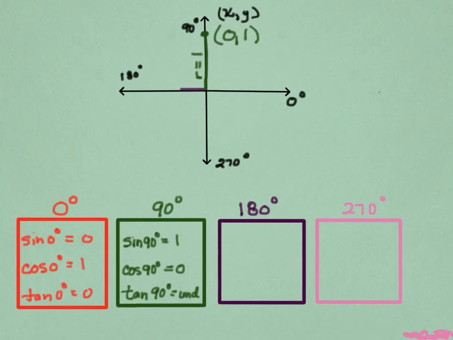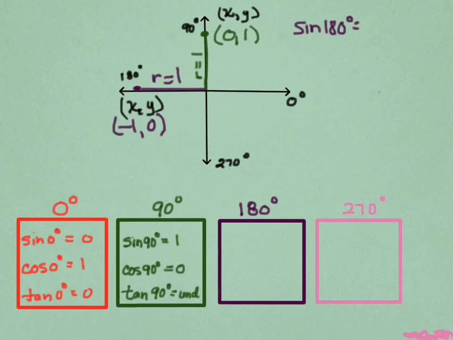Now we have 180 degrees. If r is 1, that puts our xy point at -1, 0. So let's take a look. Sine of 180 is y over r, which is 0 over -1, which is 0. We don't have -0. 0 is 0. All right?